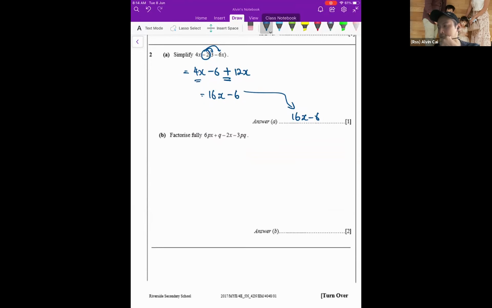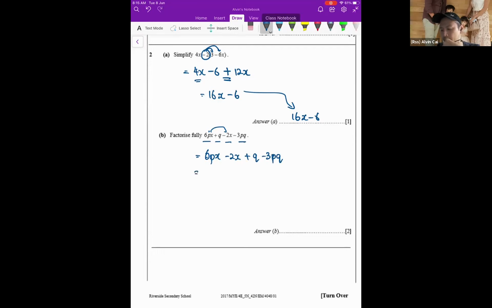Okay, factorization. This is a grouping method where we take out the common factor 2 times. You can see the first 2 terms don't have anything in common. These 2 terms also don't have anything in common. So we do have to rearrange the position. There's an x here, so I can rearrange: x minus 2x plus q, then minus 3p and q.